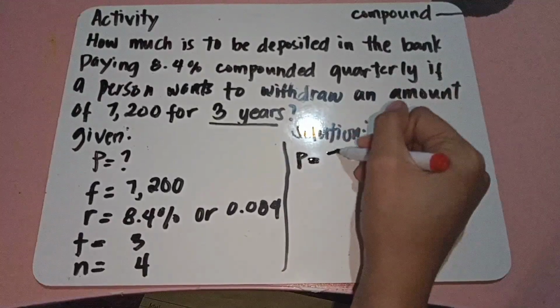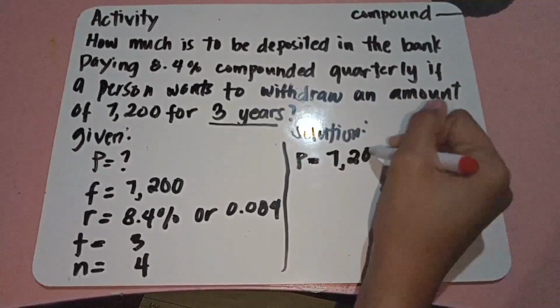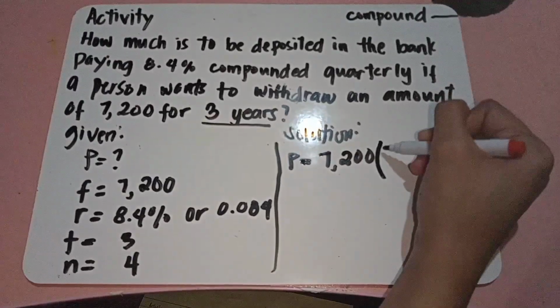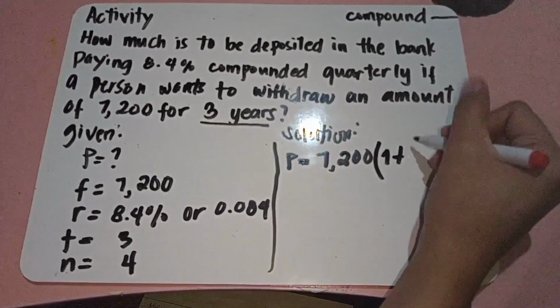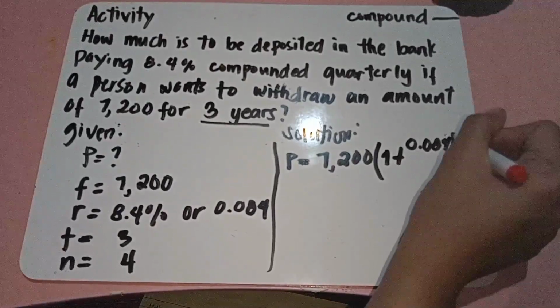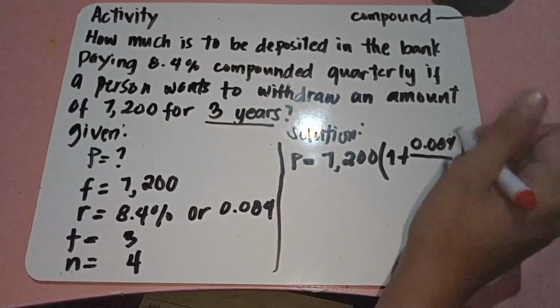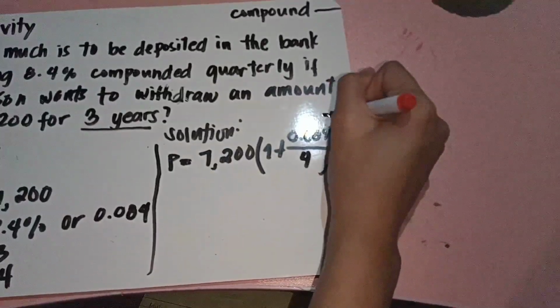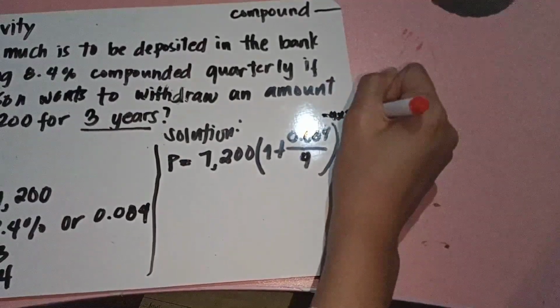Principal is equals to 7,200 for future value, 1 plus 0.084 divided by 4, and then negative 4 times 3.